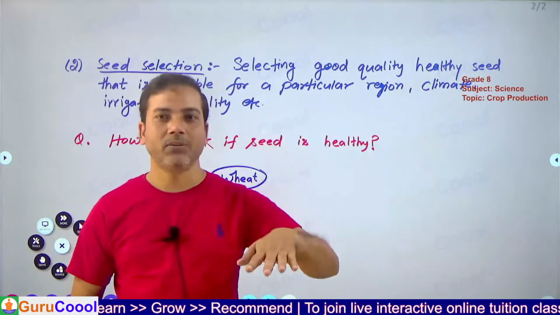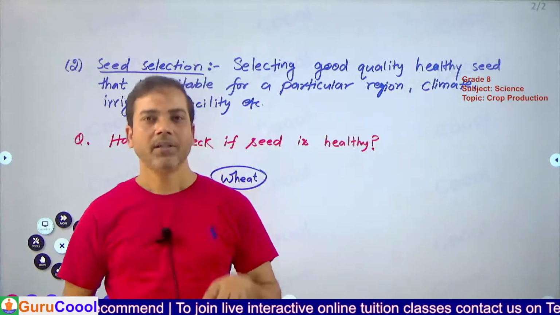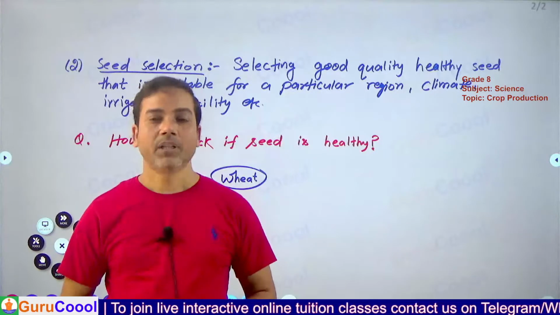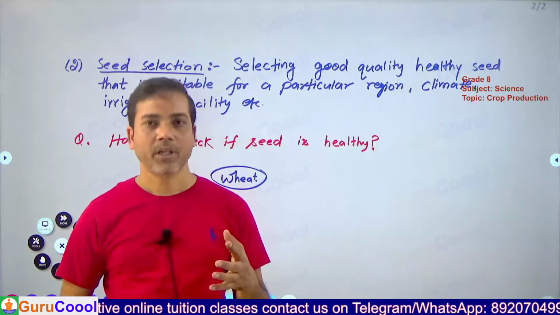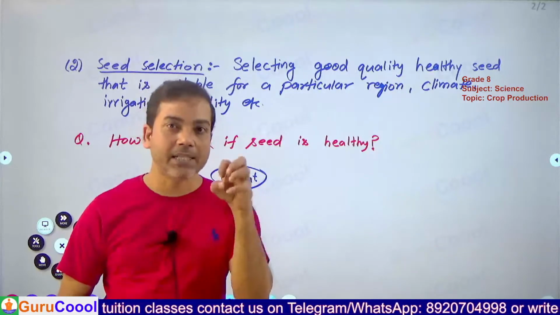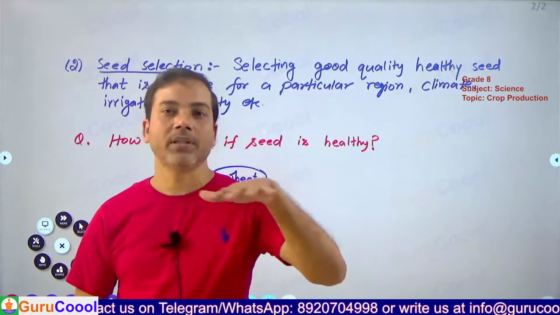It will settle down in the bottom. It will go down into the water to the bottom. But the seeds which are diseased, not healthy, or eaten by some insect inside, will float over the surface of the water.